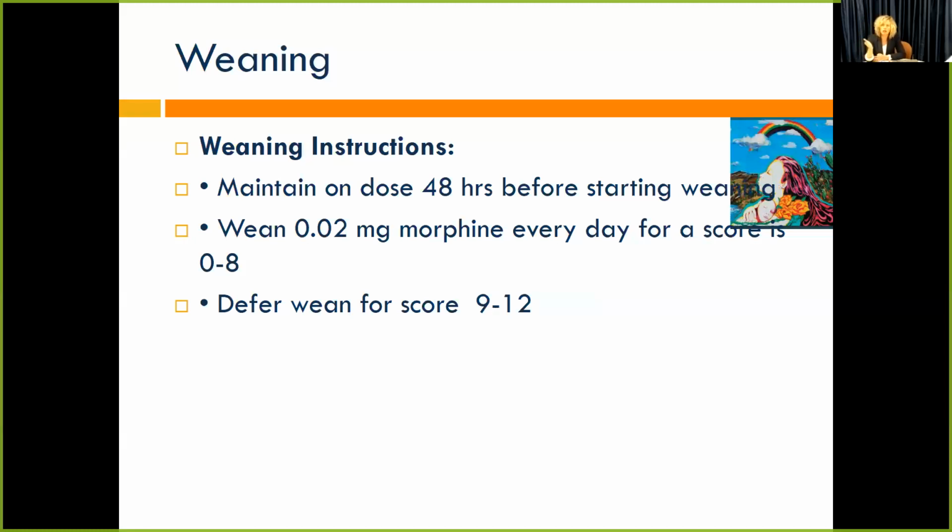Because if we wean because the baby scored 12 because she's getting a diaper rash and got really cranky after a diaper change, and it was also 5 p.m., that's not the indication of withdrawal symptoms being bad. It's a baby who's not having a great moment.